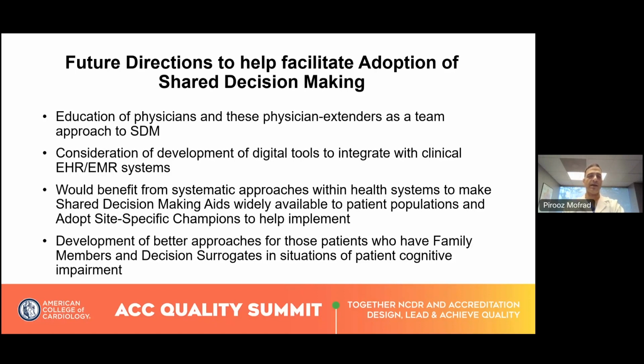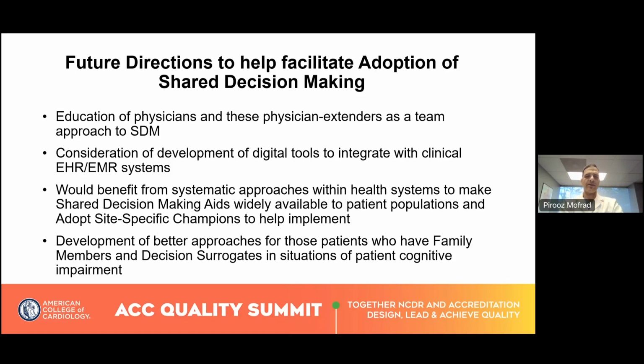Most places now, outpatient offices, physicians, even obviously the hospitals, have sophisticated EMR systems, and they were developing digital tools that help implement and integrate those shared decision-making aids into the EMR. And this actually will be helpful for the patients and documentation for reimbursement as well in the future.